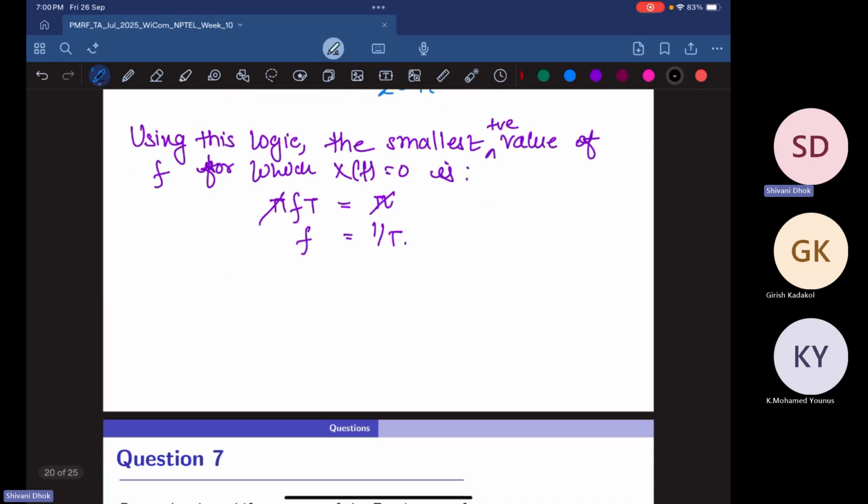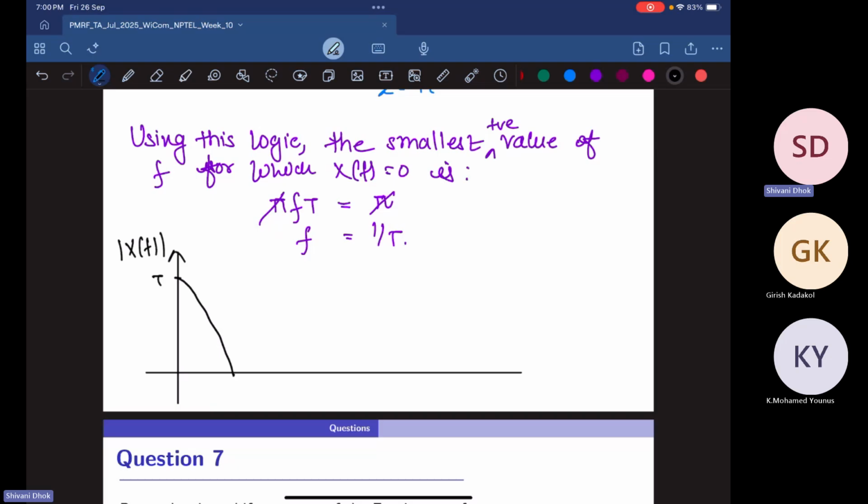So how does your sinc function look? Your magnitude of X of f looks like it starts at T. Then at 1 by T you get a 0. Then at 2 by T you get another 0, and so on. If you just plot X of f, it looks something like this.